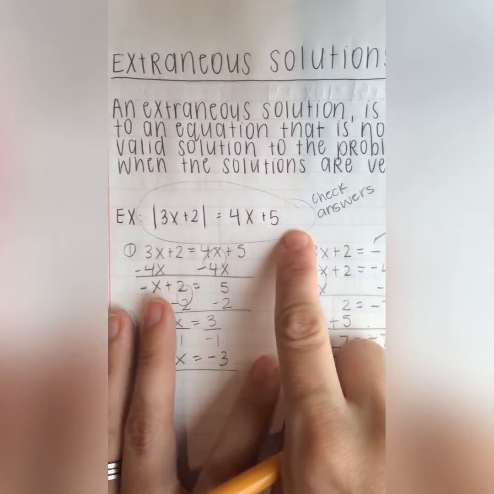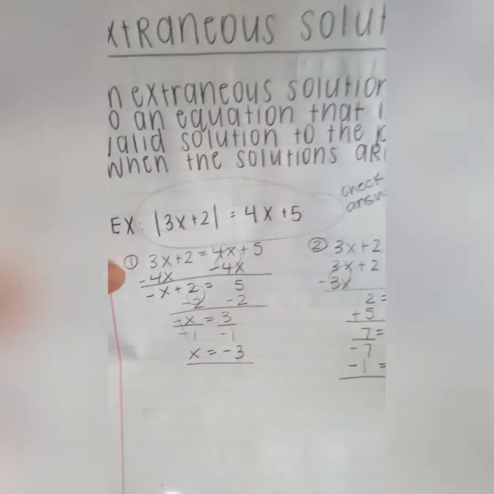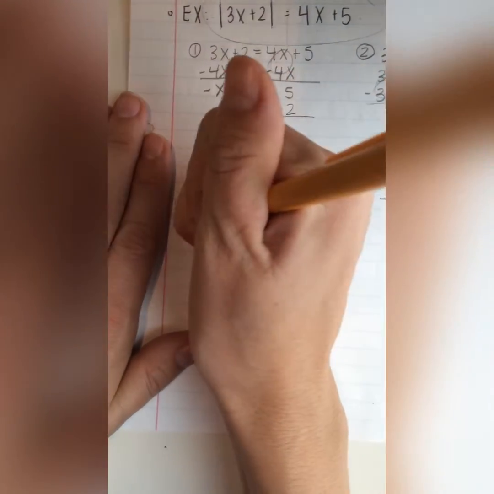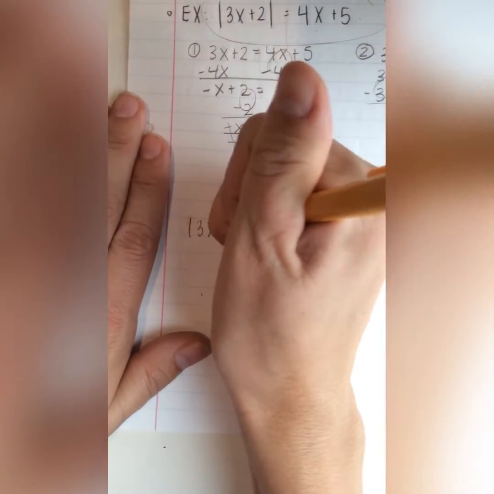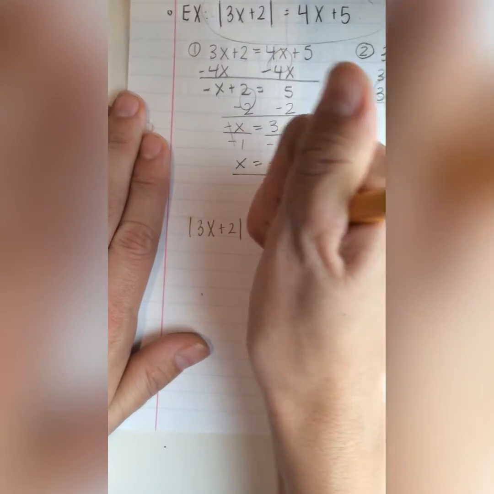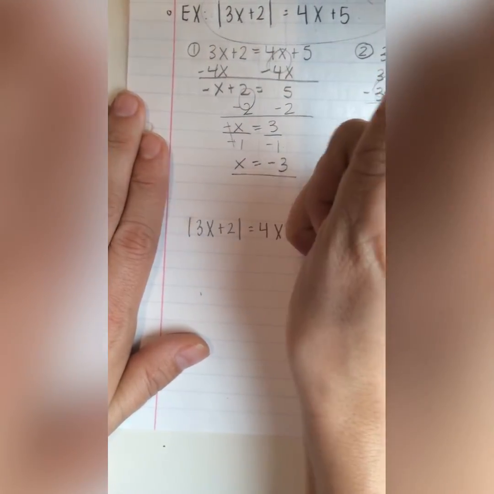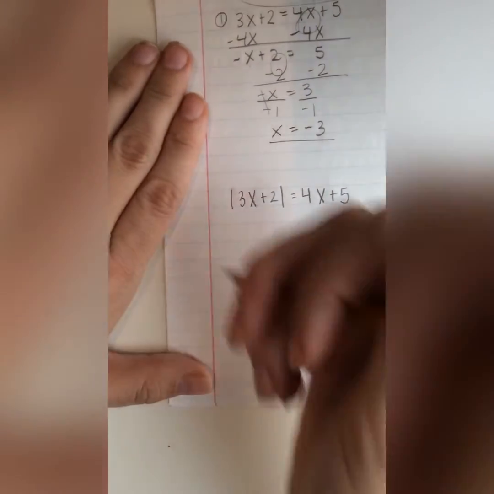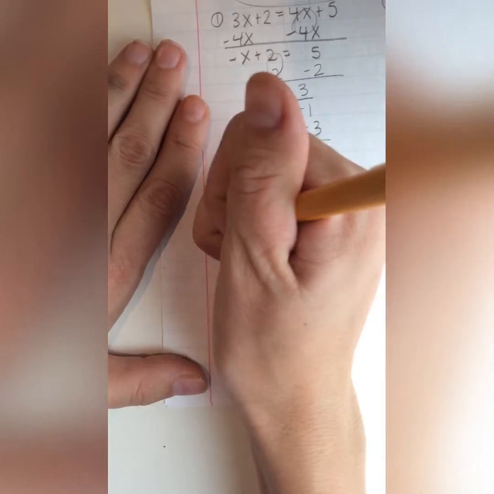I'm going to go down, leave a little space, and rewrite where I had my absolute value isolated, because this is what I'm going to use.